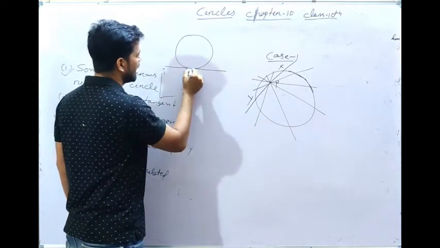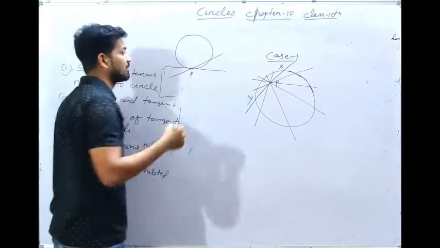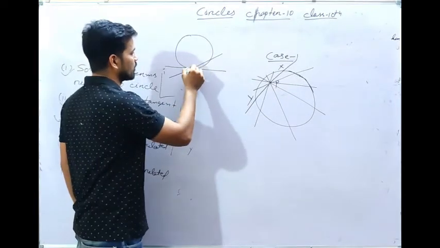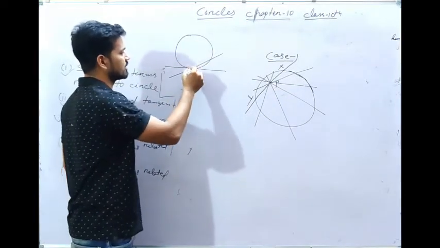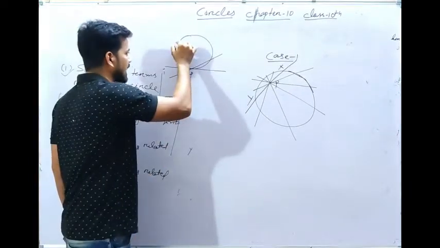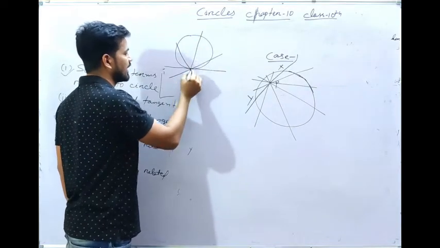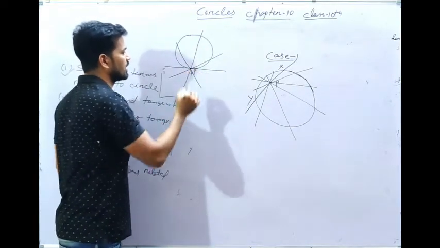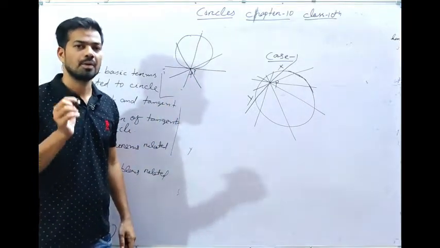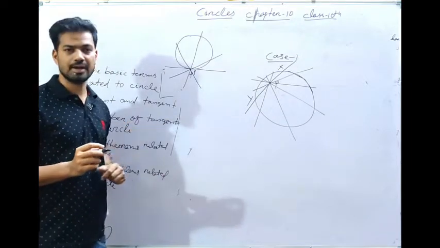This is the tangent, and if I try to draw like this, as I have discussed in my first class of this chapter, you can notice that from a point on the circle we can draw only one tangent. We have already known the fact that from a point on a circle we can draw only a single tangent to the given circle.